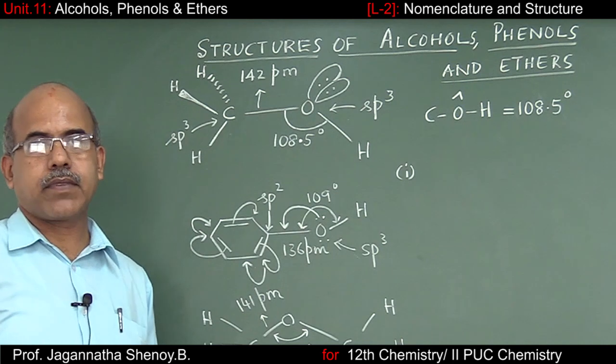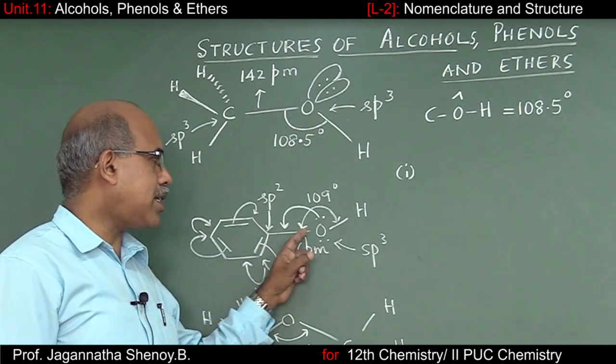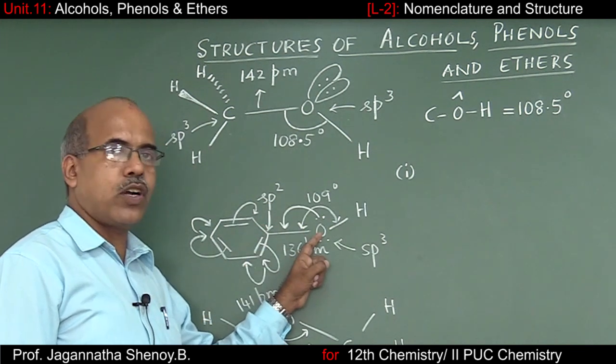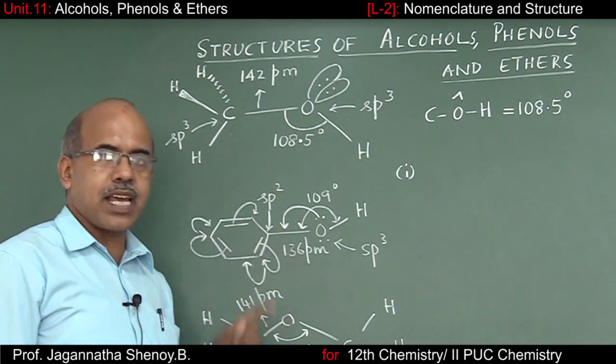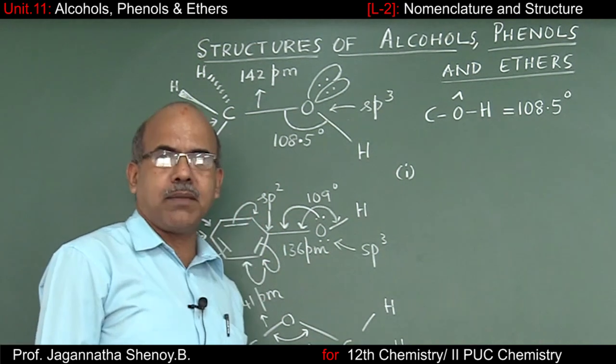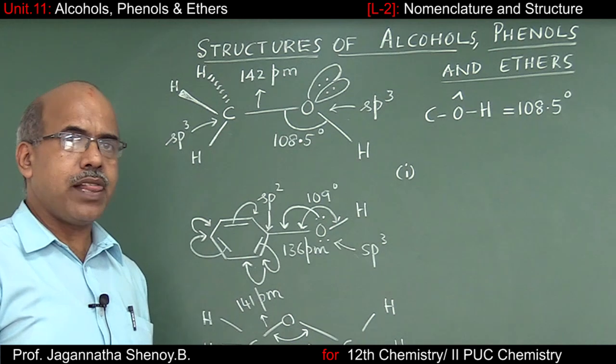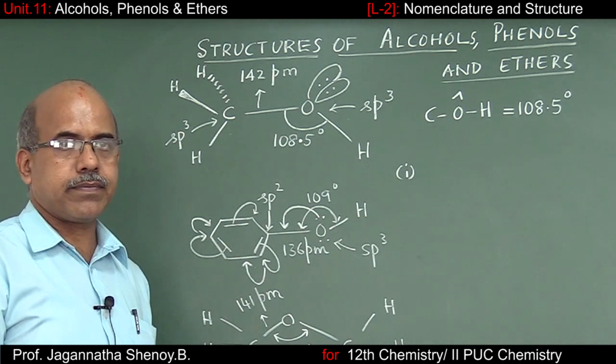benzene ring. Because of that, in the resonance hybrid, if you consider, this carbon-oxygen bond is neither purely a single bond nor purely a double bond. In between the two, we call it as partial double bond character.